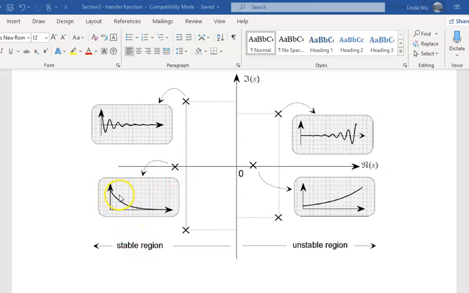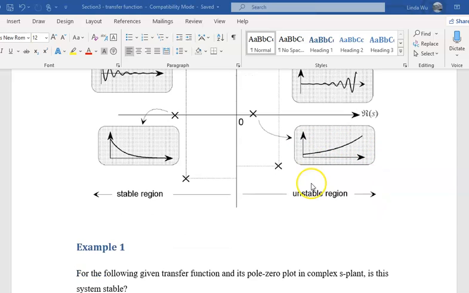Same thing for this one, it is also stable at some point. However, if the poles are in the positive range, you can see the oscillation will grow. This one also grows. That means an unstable region.